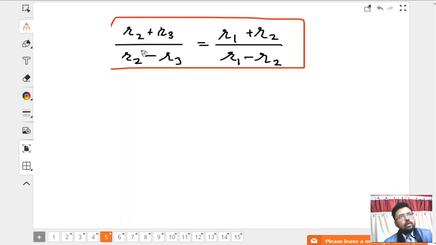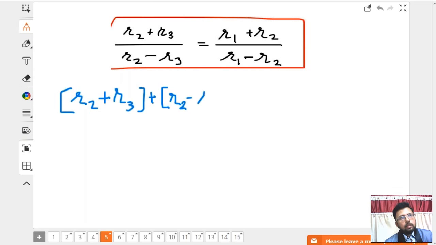So what do you get? The numerator becomes R2 plus R3 plus R2 minus R3.